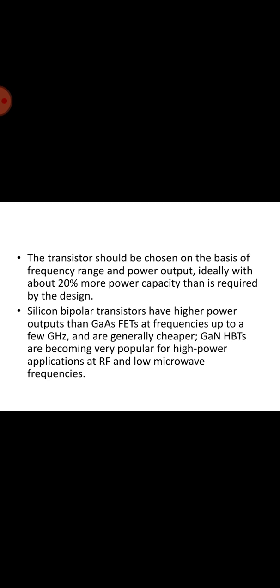So we should use the large signal reflection coefficients to design the input and output matching networks. For example, for an output power of 10 watts, we require an input drive power of about 220 milliwatts. The DC input power can be found from the drain efficiency by the formula P DC is equal to P out divided by the efficiency.